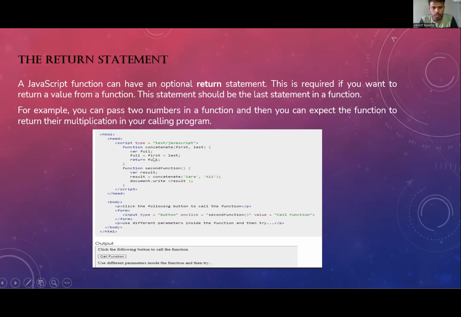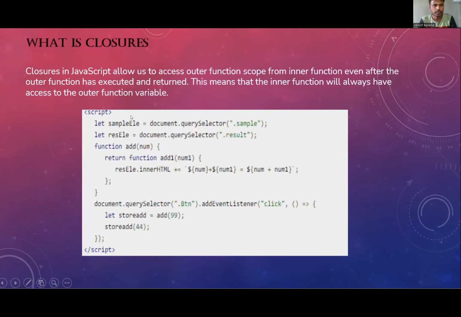First we call the function, then the function returns some value to the user. Then we can create one variable named full, where full equals first plus last, with two parameters we can give. It could be addition or subtraction, whichever you want. It will return the output of that variable.